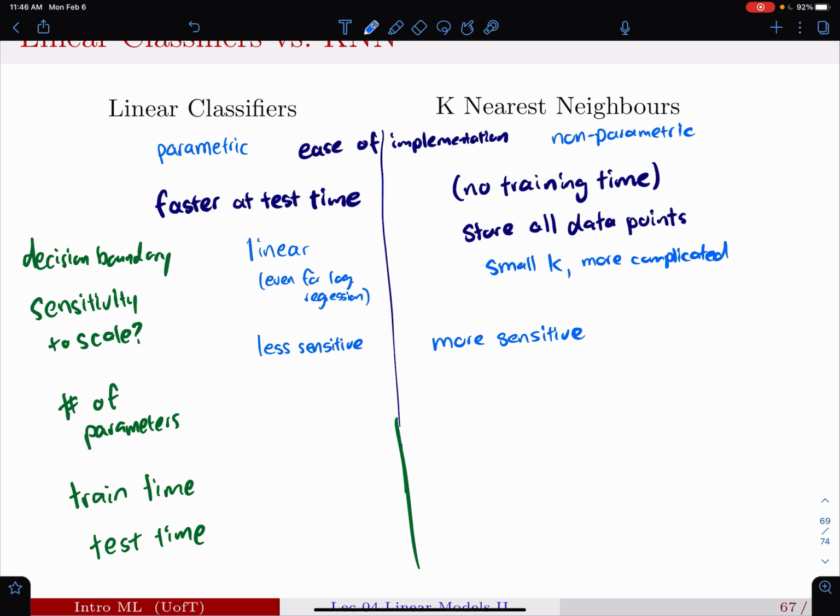I think what you're saying is we can adjust the coefficients according to the size of the scale. So if we scaled everything down by a factor of 100, we could get the exact same decision boundary by just scaling the weight corresponding to that feature by 100, right? Essentially we can scale our weights and we don't need to worry about normalizing. Whereas k-nearest neighbors is going to be more sensitive because we have this concept of a distance metric, right?